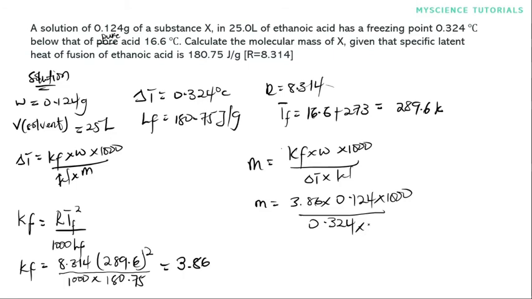So we multiply this by 25. Now it means our molar mass will now be equal to 59.09 gram per mole.